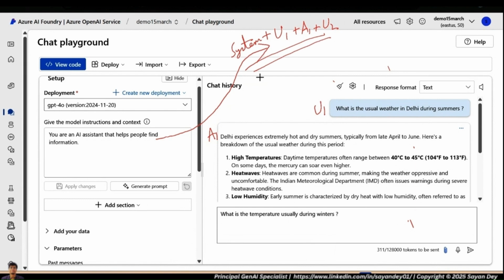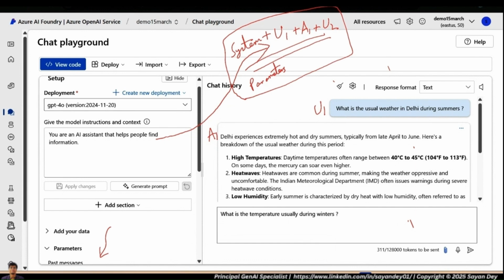And to add to that, we have parameters. These are the parameters I was talking about. And I'll show you the parameter section a bit more in detail. There's a whole lot of parameters we have here. This is where you can give your temperature, your top P, all those kinds of parameter settings. And this entire thing is what constitutes your prompt.